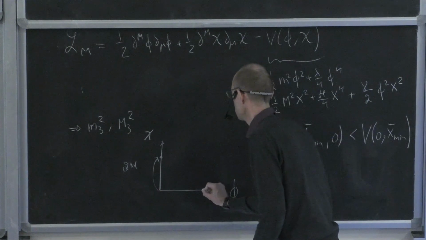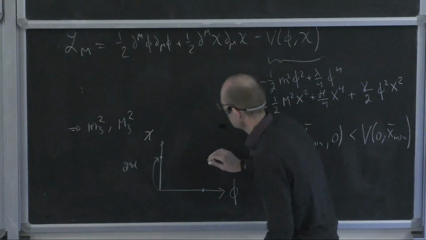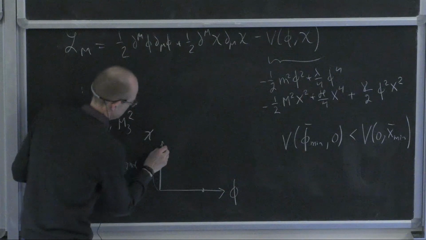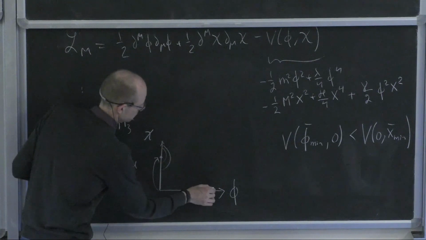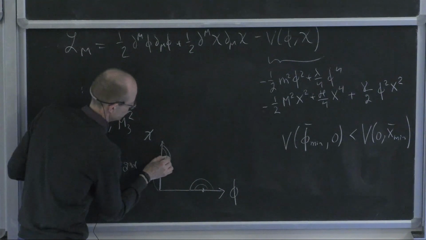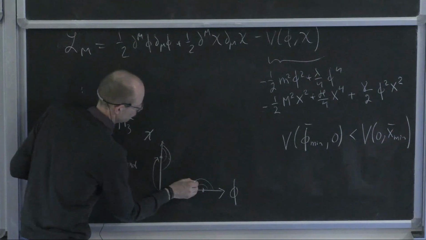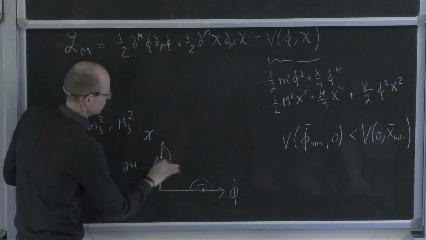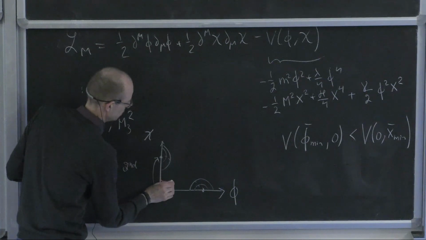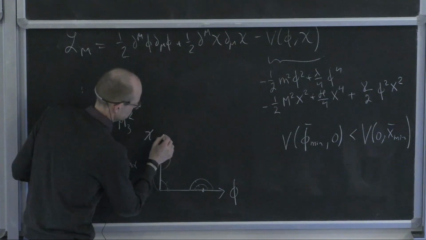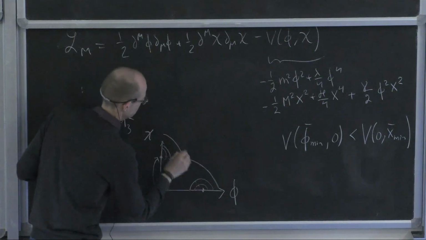So there would be another minimum here. And now one can arrange things such that this, okay, there's like a valley here, there's a valley here, and these small ticks are where the water flows. So it's a deep valley here, deep valley there, there's a maximum here, and then there is another hill here.